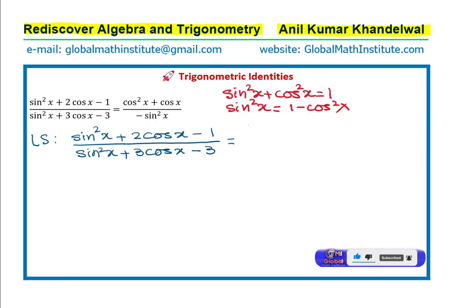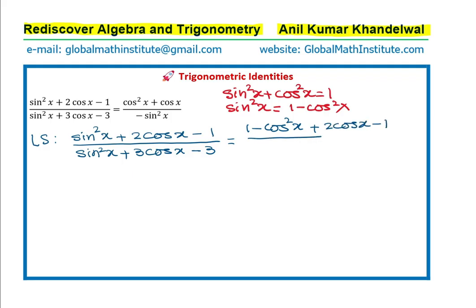Writing sine square x as 1 minus cos square x plus 2 cos x minus 1 over 1 minus cos square x plus 3 cos x minus 3. Now, in the next line, we'll further simplify. 1 and minus 1 cancels.